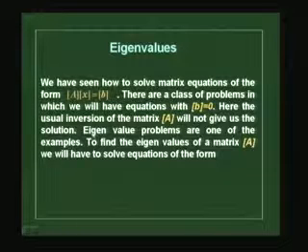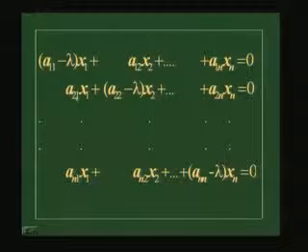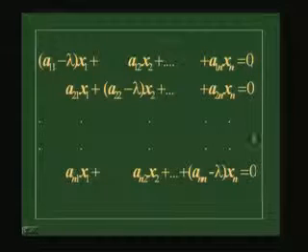Now that's something which we would look at. When you want to look at the eigenvalues of the matrix A, we know the characteristic equation is A minus lambda I times x equal to 0. We may have to solve a set of linear equations of this form, where the right hand side is completely 0.